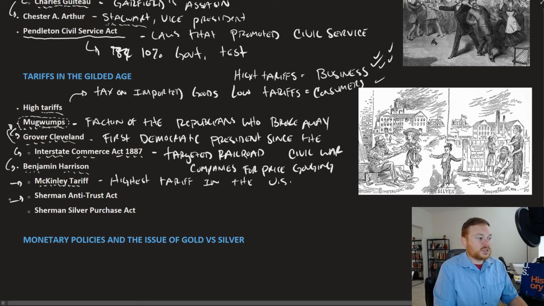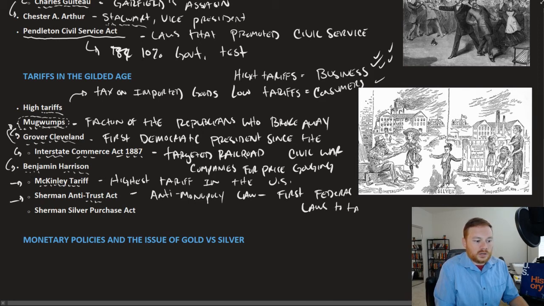Business interests. The Sherman Anti-Trust Act was another, a trust being the legal entity in which monopolies formed, so this was effectively an anti-monopoly law. It was one of the first federal laws to take on trusts.